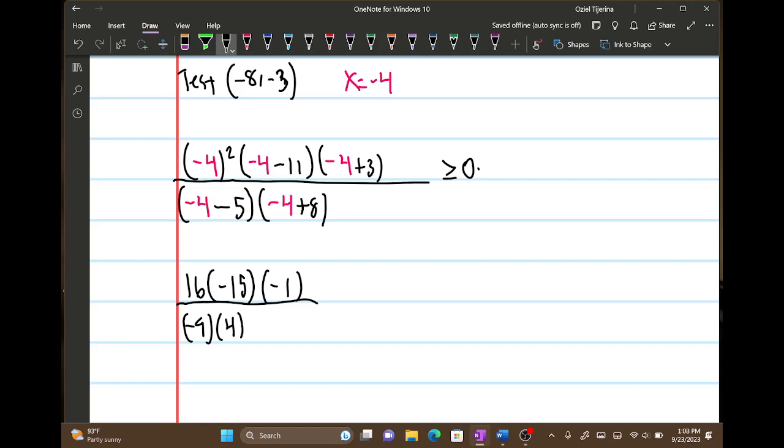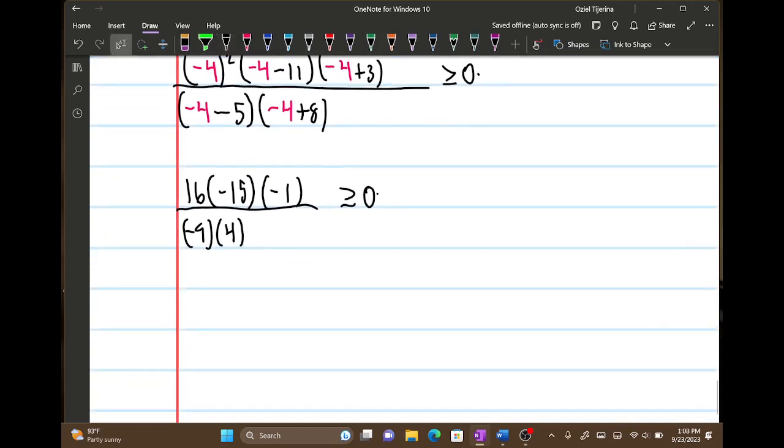And we know that if we do this, we get a positive number up here.